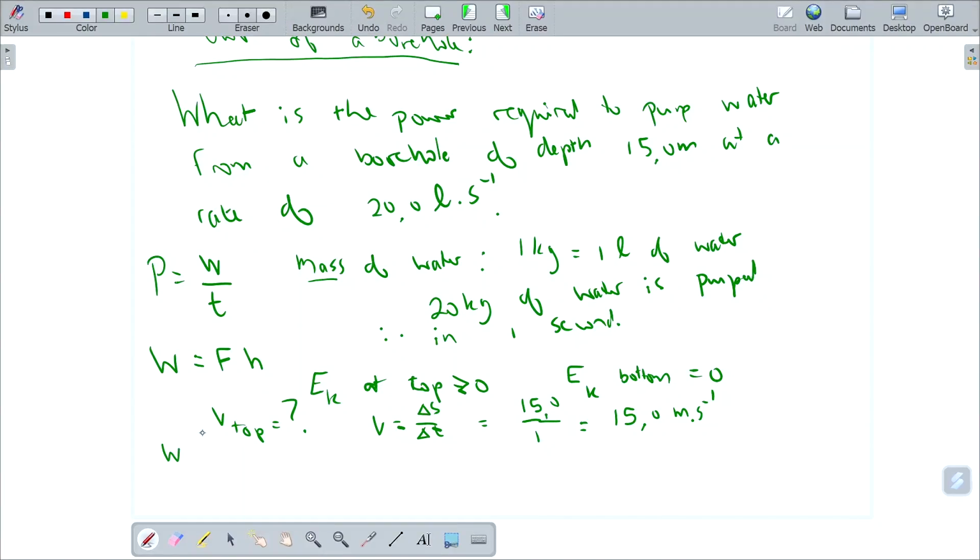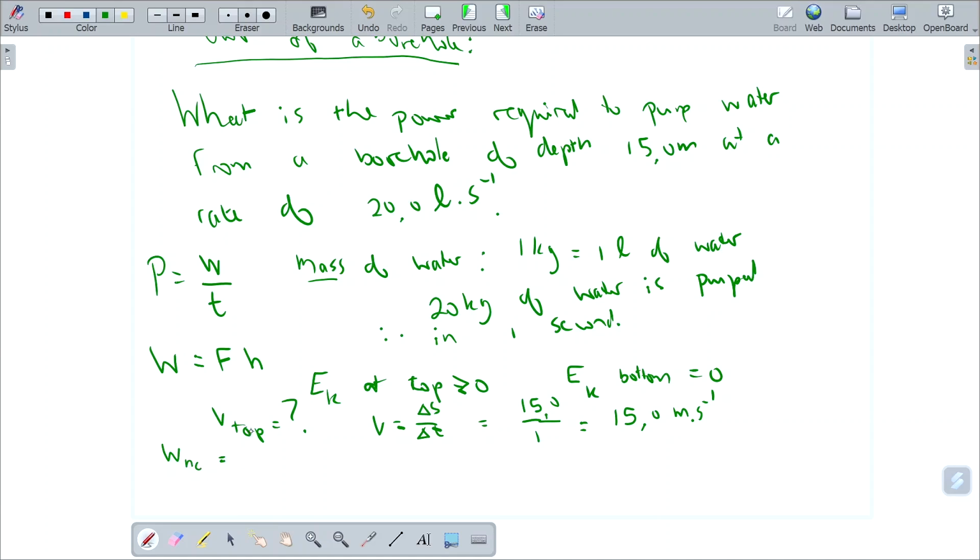So, first of all, we want to work out the work done to raise the water. So the work done to raise the water is going to be the non-conservative work, because we are applying a force to the water, working it up against gravity.